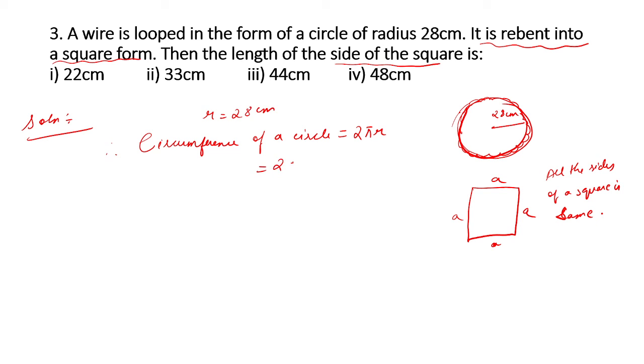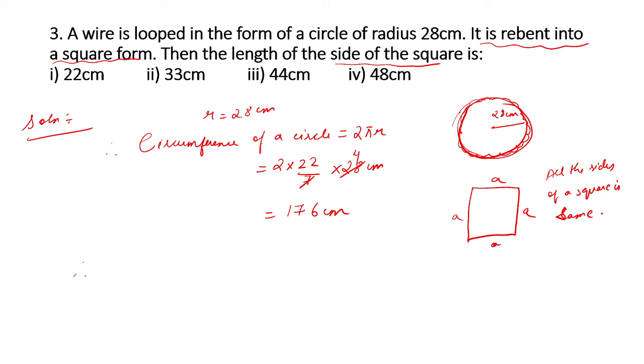Therefore I can write this as 2 into pi, which is 22 by 7, into 28 centimeter. So 7 into 4 is what? 28. Now 88 into 2 will give you 176 centimeter. Clear? That is the circumference.